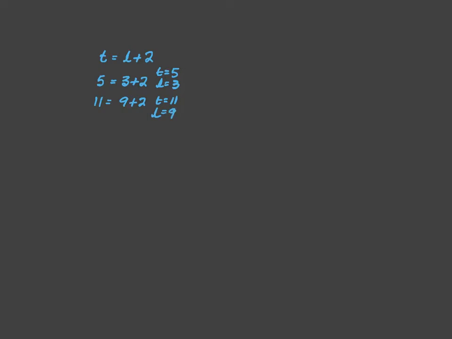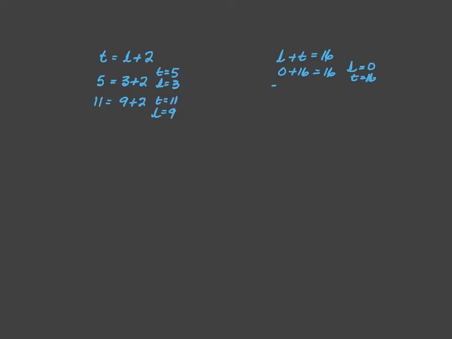The other equation that we had was that L plus T is equal to 16. Once again, we have two variables, and when you have two variables in one equation, there are infinitely many solutions. I could have 0 plus 16 is equal to 16, which means L is equal to 0 and T is equal to 16.